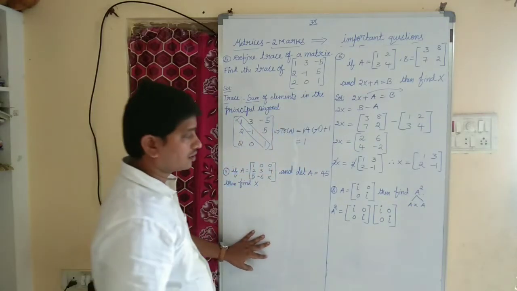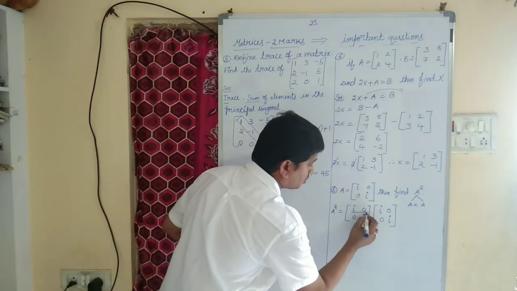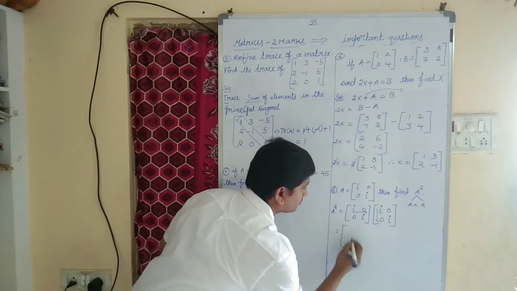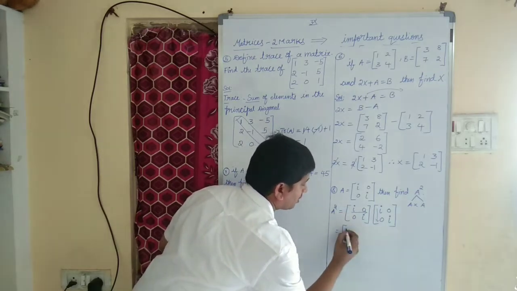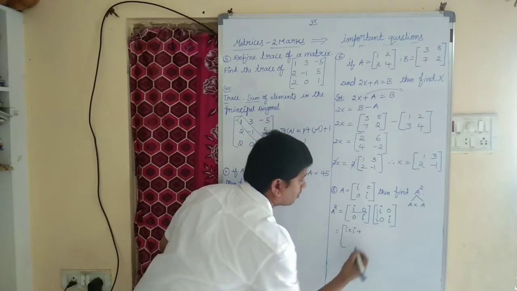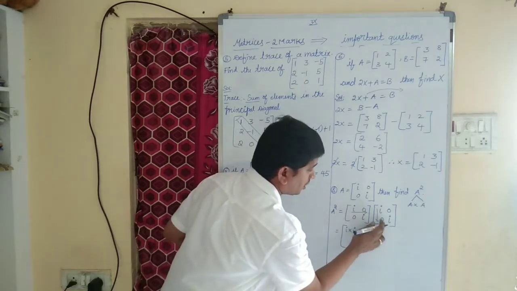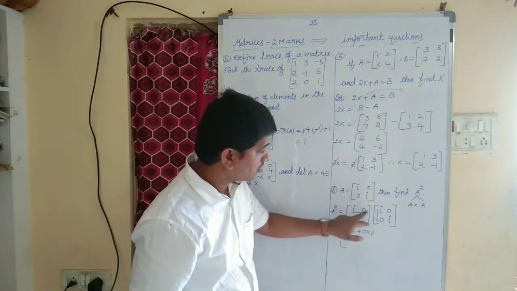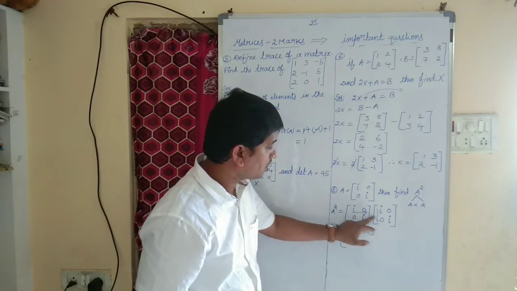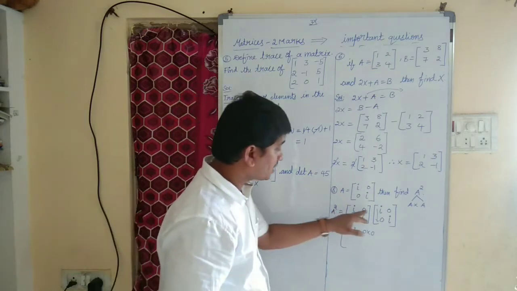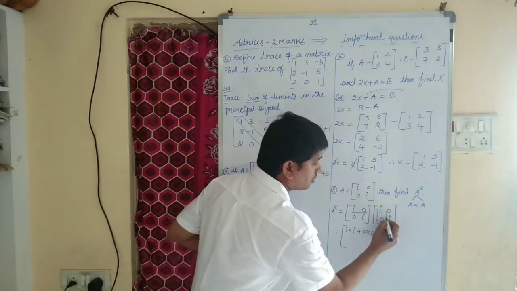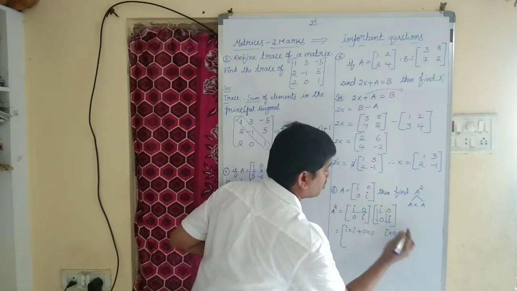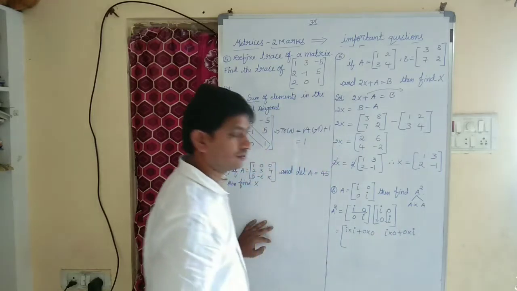Multiplication of matrices. I mean first row, first column. Okay children, let us multiply first row i into i plus 0 into 0. First row, first element i into i plus 0 into 0. Again first row, second column. I into 0 plus 0 into i. Okay.